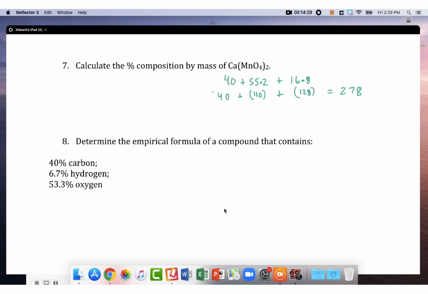So for Ca, I like to write it above it because it looks cool. So Ca, we have 40 divided by 278, and we're going to take a percentage of that. I'm not going to put the times 100 on there because I already know to do that. 40 divided by 278 equals 0.144, which is 14.4%.